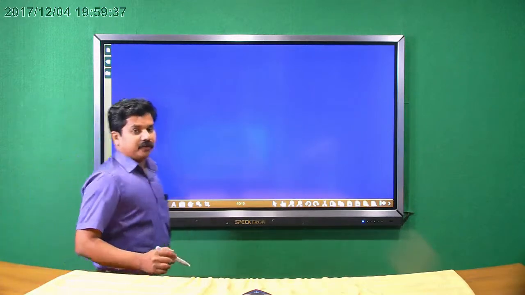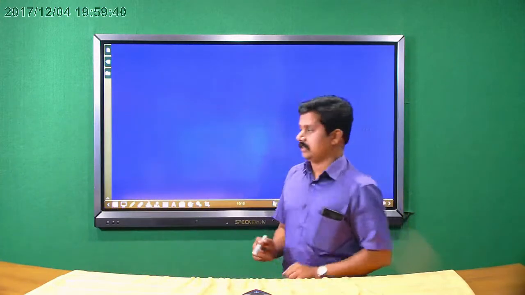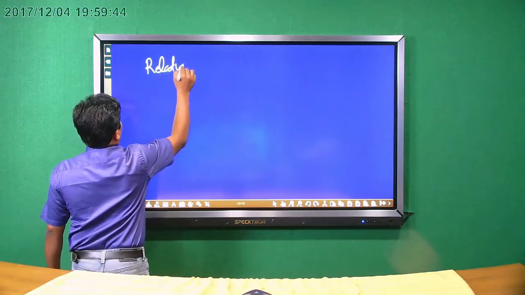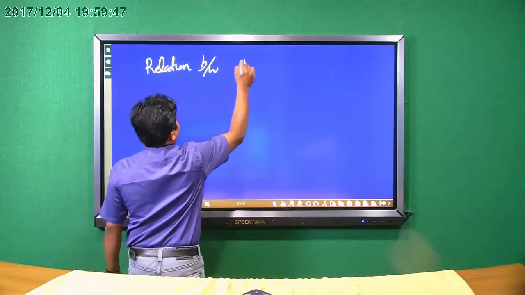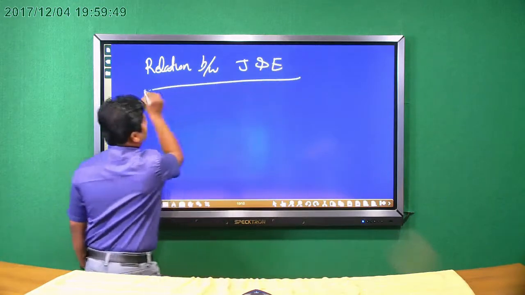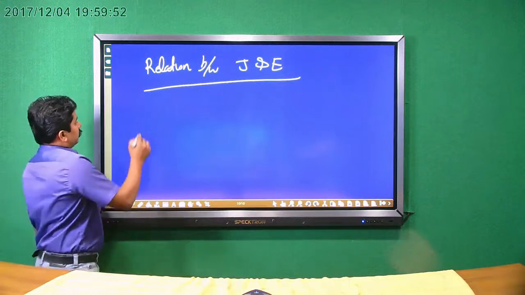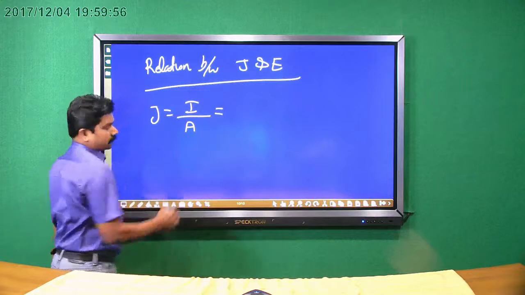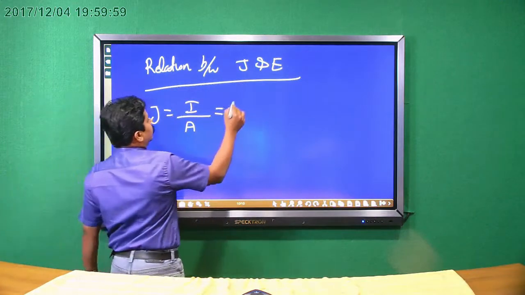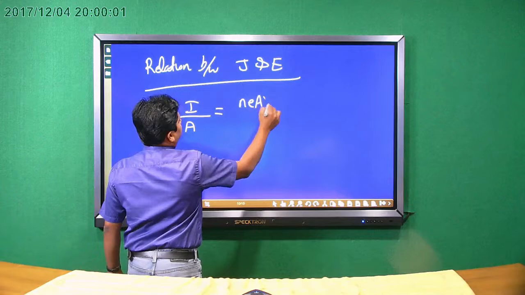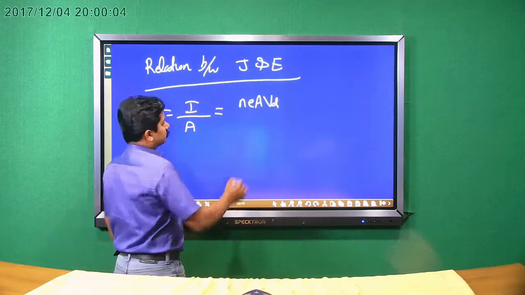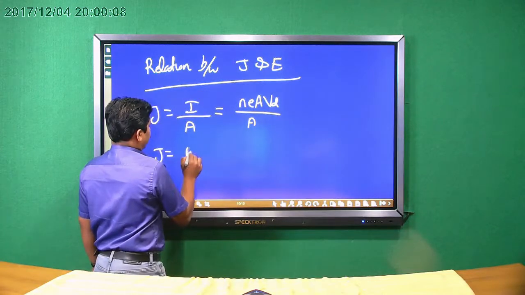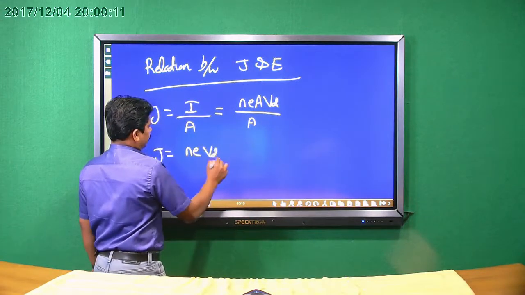Now we can derive a relation between J and E, that is, current density and electric field. We know J equals I by A. I equals n e A v_d, so J equals n e v_d.